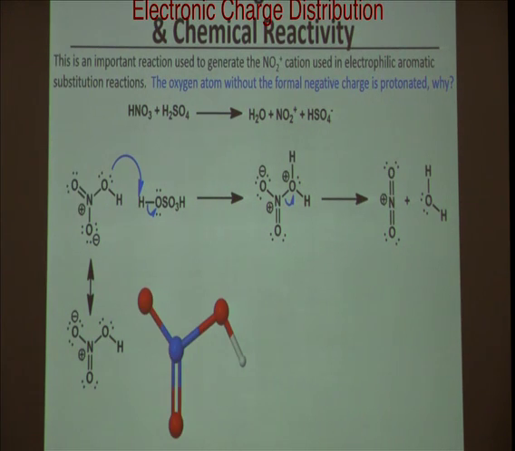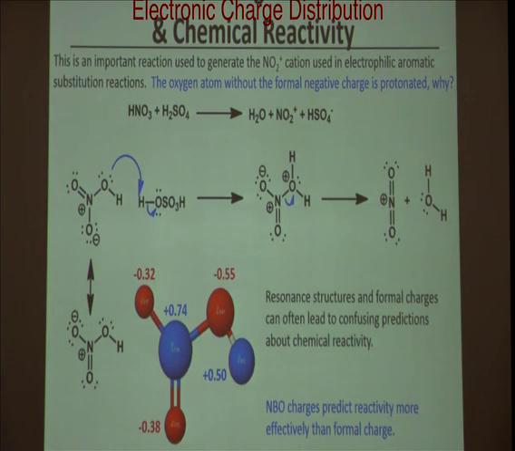A very simple NBO calculation will help us predict those charges. And we see that the formal charge is wrong in terms of its depiction of the real charge. Both of the formally negative oxygens that share that minus half a charge actually have real charges much closer to minus 0.3.